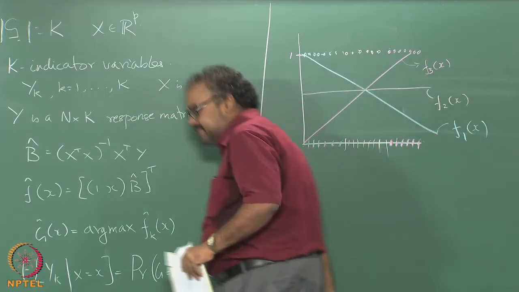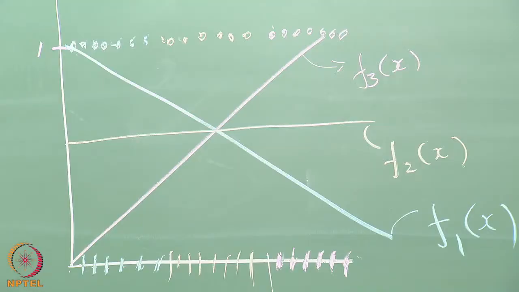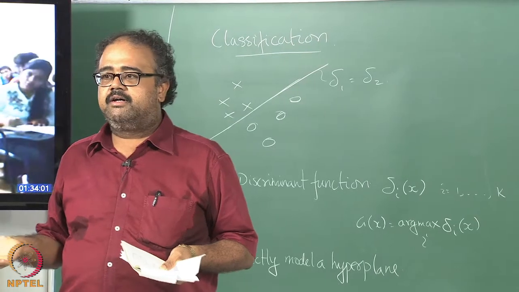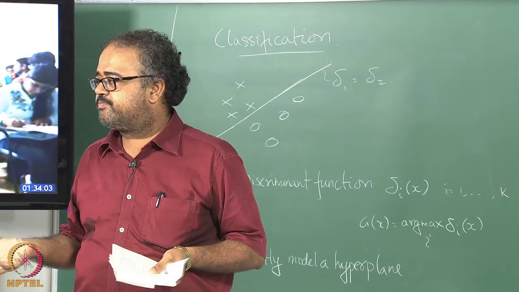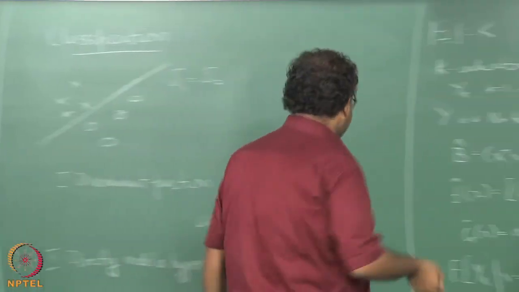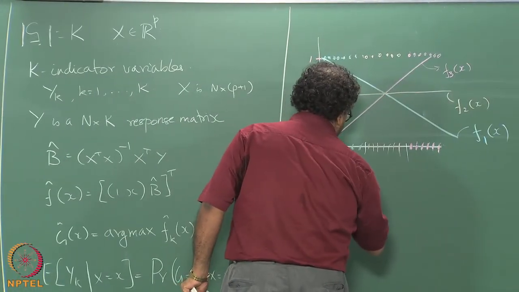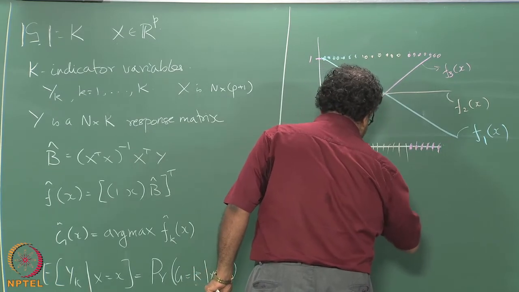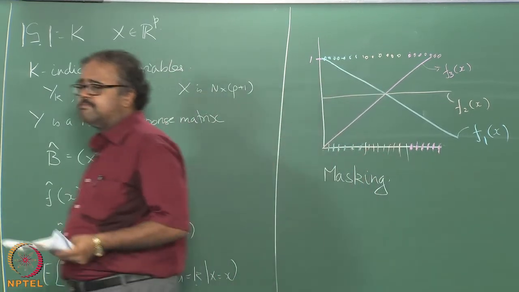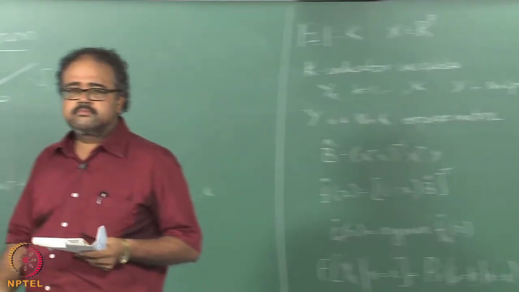So this is essentially what your F1, F2, F3 will be. It turns out that for class 2 you will never output any input point as class 2. So this problem is called masking.